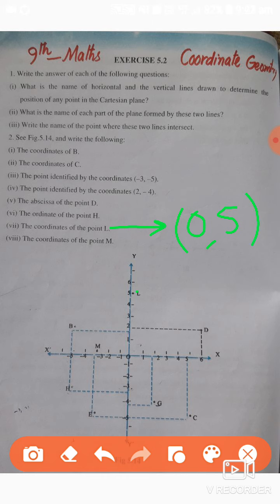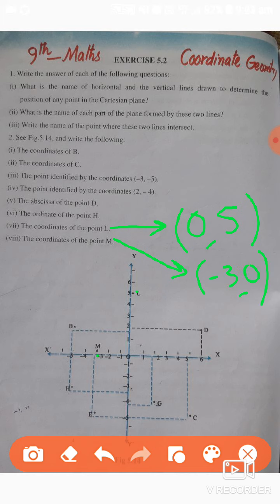Similarly, the coordinates of point M. Where is point M? Point M is over here. It is a point on the x-axis. So each point on the x-axis is of the form x, 0. So its x coordinate is -3 and y coordinate is 0.